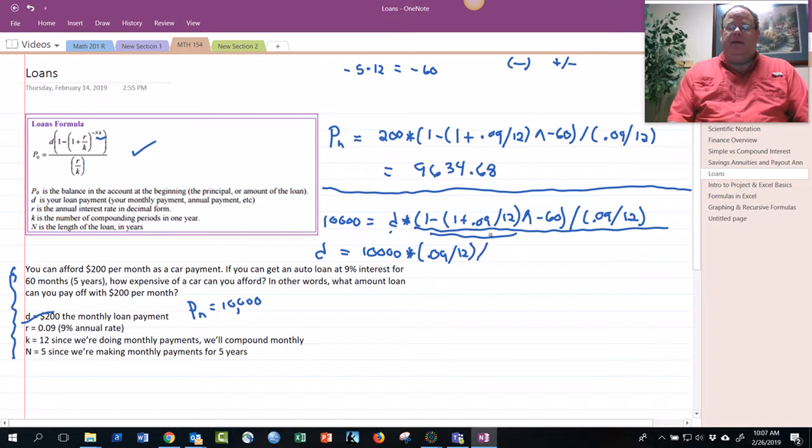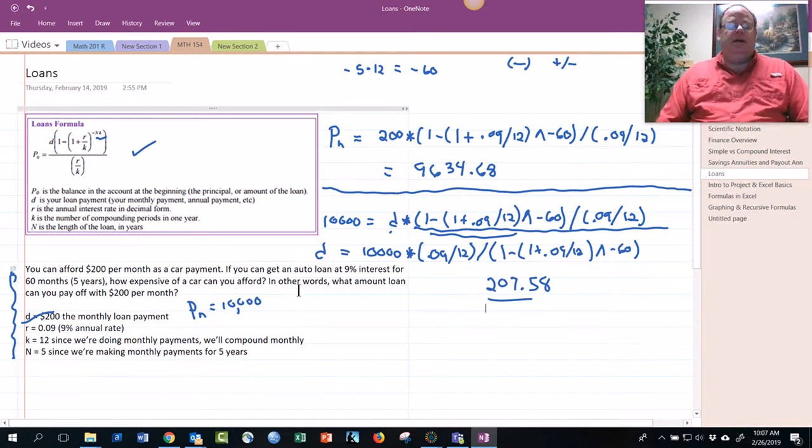And then we divide by what was the numerator, open parenthesis, 1 minus, open parenthesis, 1 plus 0.09 over 12, close parenthesis, exponent, negative 60, close parenthesis. You plug this into your calculator or Excel, and you will get $207.58, which is just what we should expect. When the PN was a little bit bigger, we got a monthly payment that was a little bit bigger.